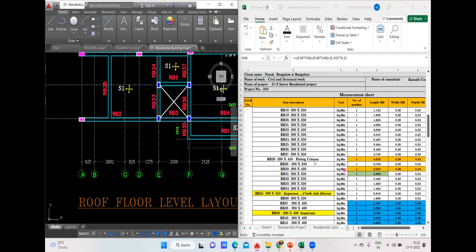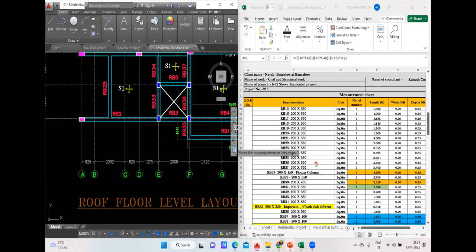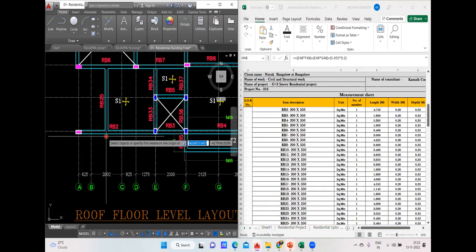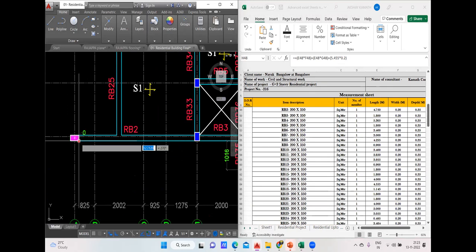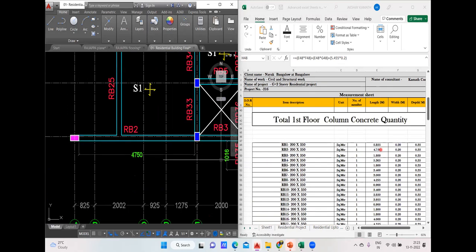Once you reach here, the rest of the things are very simple. For RB2, can you tell me what the answer will be? If this is RB2, it is 4750. So first you will find the bottom, that is 4750 multiplied by the breadth. You'll get the bottom shuttering, the beam bottom.